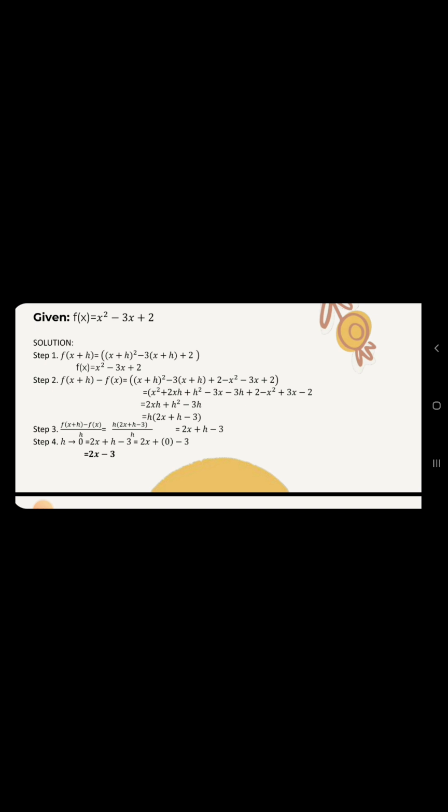So it is equal to 2xh plus h squared minus 3h, which is h times 2x plus h minus 3.